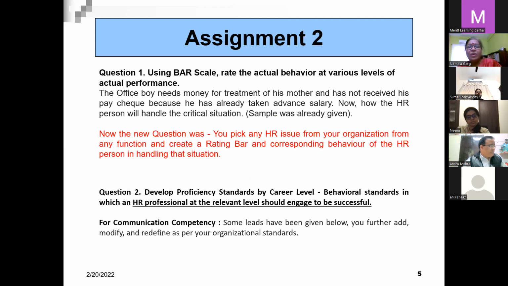Say, for example, the first question, when an office boy needs money for treatment, and he will not be receiving any money because he has already taken. Now, typically, how do you behave, or what is the kind of behavior?